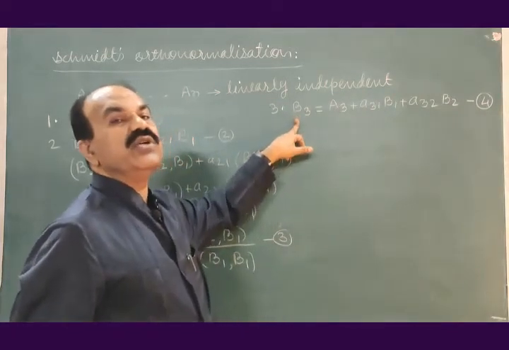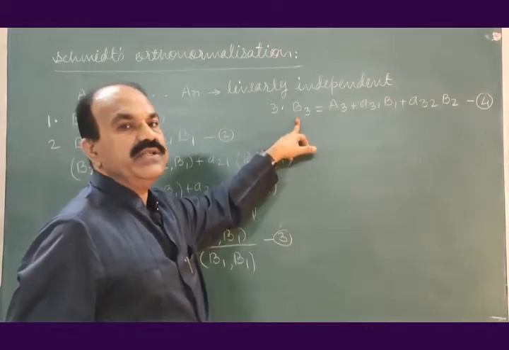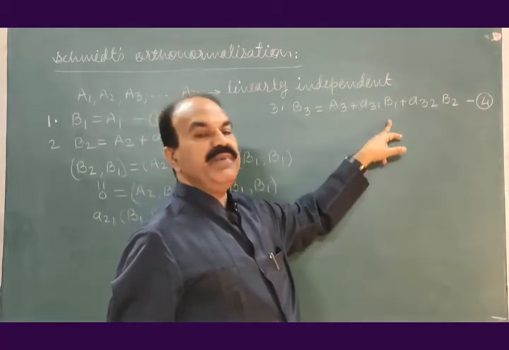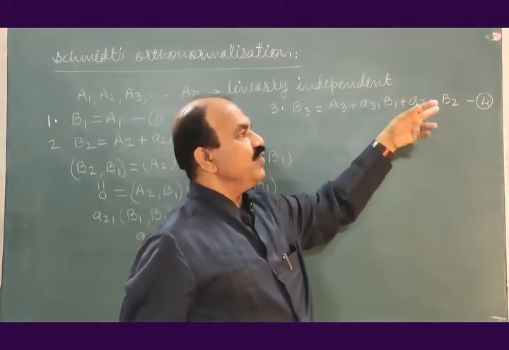The third orthogonal vector b3 is given by the formula a3 plus a31 b1 plus a32 b2.